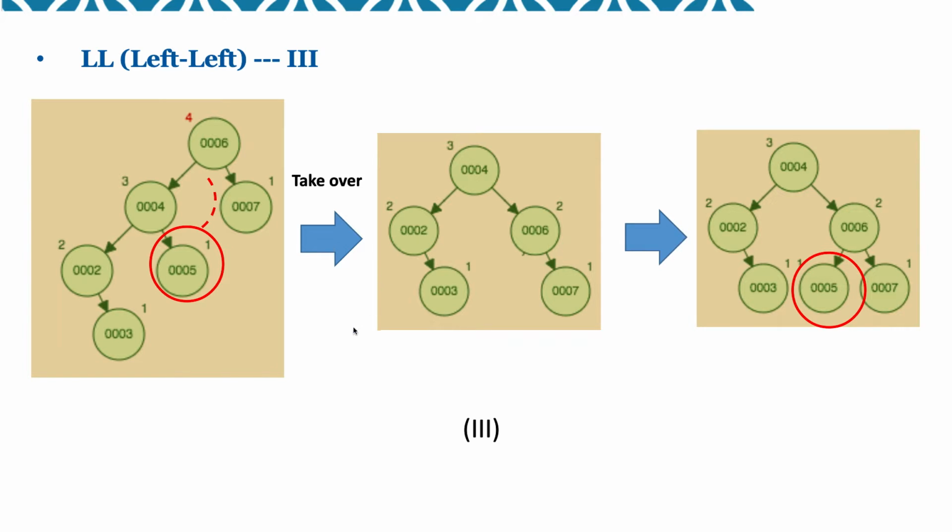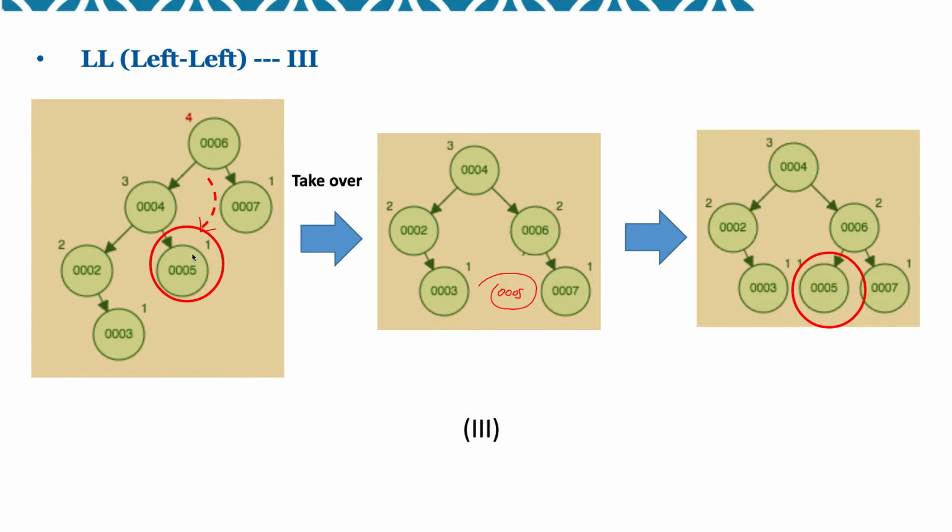Okay, let's have a look at the third case, the left third case. Basically, it's quite similar to the second case. Number 6 will take over number 5 here, and then number 5, actually there's a 0005 node here, will find the correct position. So where should it go? Number 5 is bigger than number 4, right?